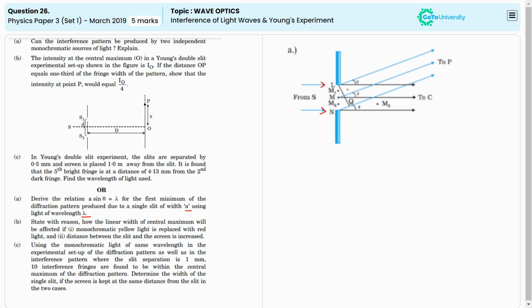Then the path difference between the waves from L to N is given by a sin theta. It is equal to a times sin theta.